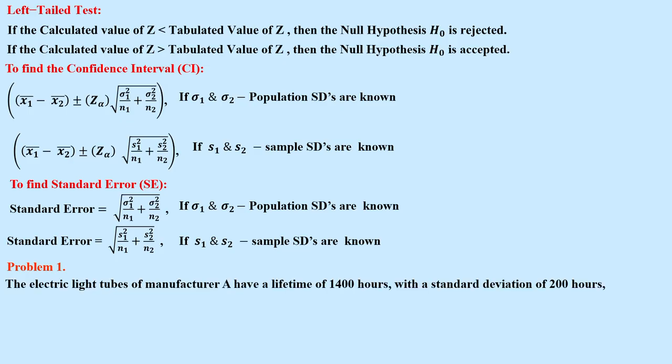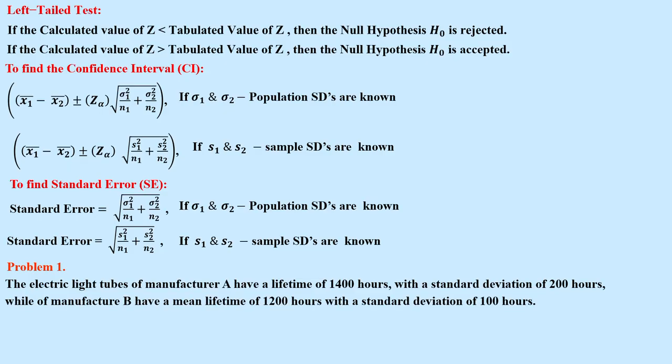The electric light tubes of manufacturer A have a mean lifetime of 1400 hours with a standard deviation of 200 hours, while those of manufacturer B have a mean lifetime of 1200 hours with a standard deviation of 100 hours.